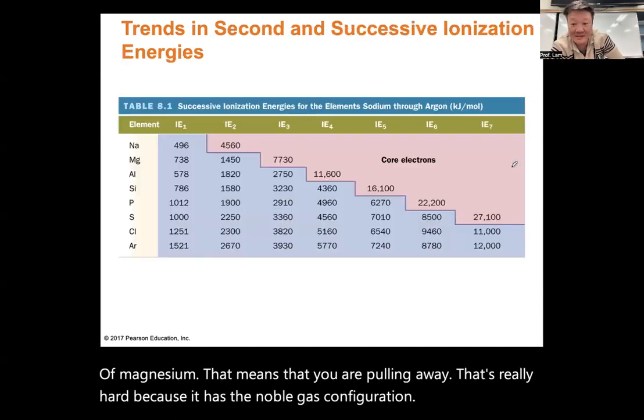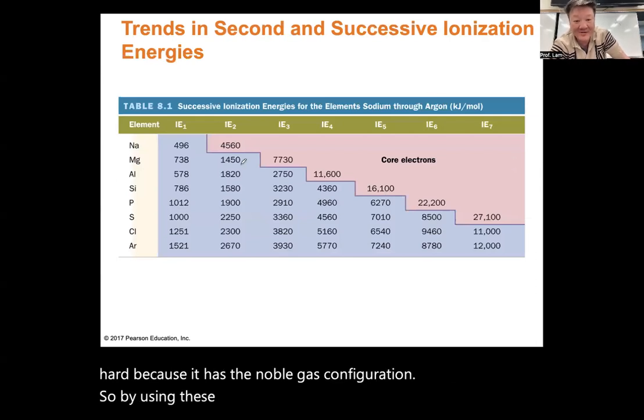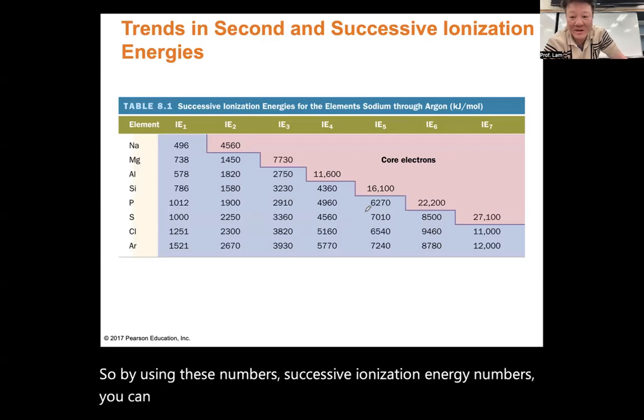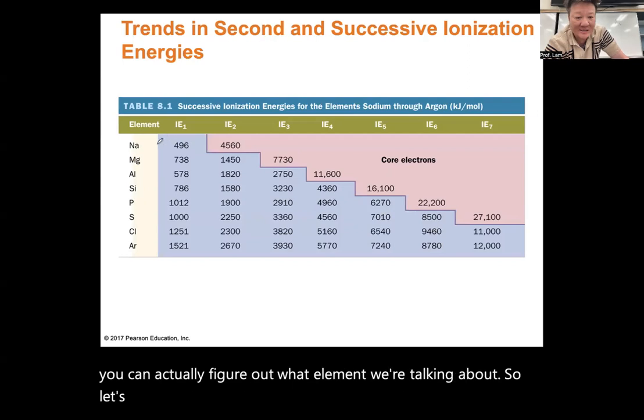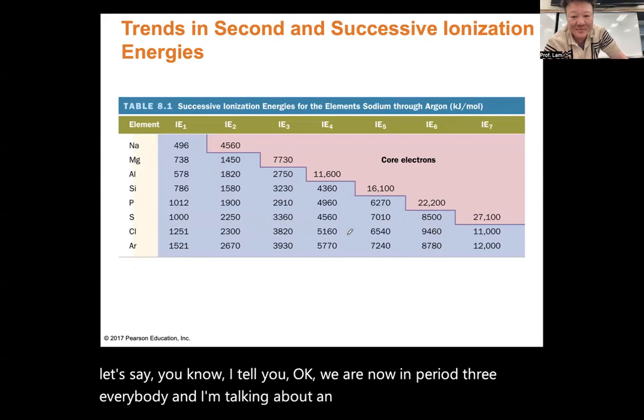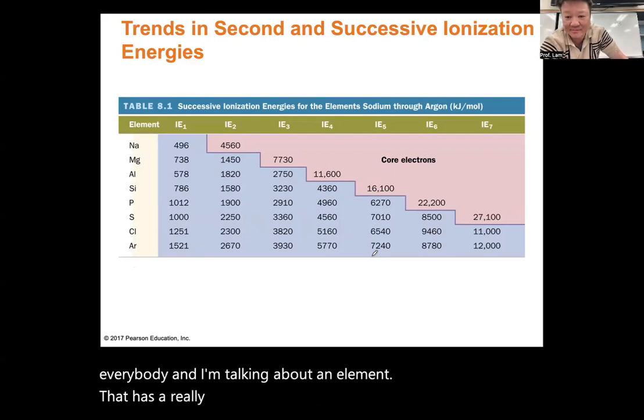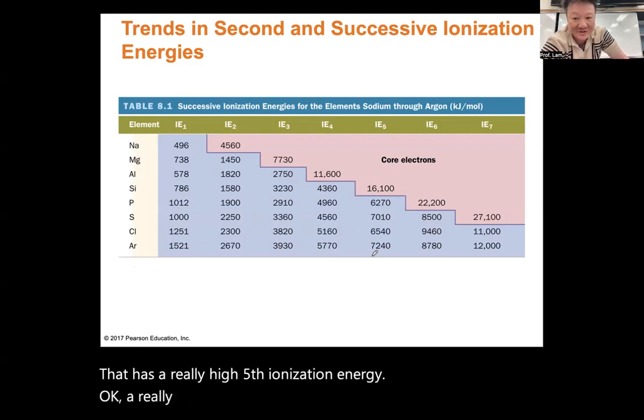By using these successive ionization energy numbers, you can actually figure out what element we're talking about. Let's say we are now in period 3, and I'm talking about an element that has a really high 5th ionization energy, like this one, for example.